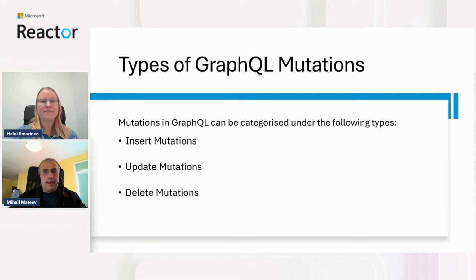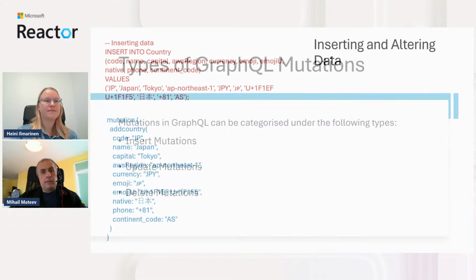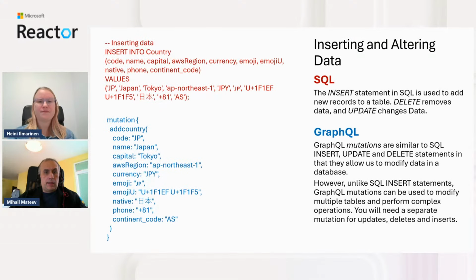Now let's go to the next slide and see the comparison between an SQL query, where we have, for example, an insert, and one mutation where we are adding an object into our data. As you see, we are describing data in the way that is needed for the business logic.